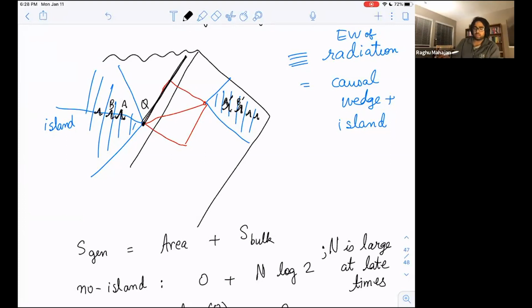As I said, most of the island is actually inside the horizon. The difference is where the endpoint is, whether this Q lies slightly inside the horizon or slightly outside the horizon. Physically, there's not much difference because being a Planckian distance inside or outside doesn't make too much difference to the actual value of the entropy. But there are some inequalities that have to be obeyed, and those inequalities have to do with the Raychaudhuri equation.